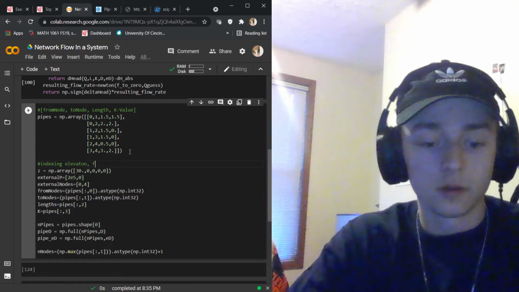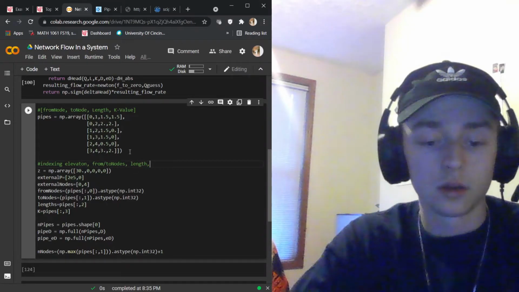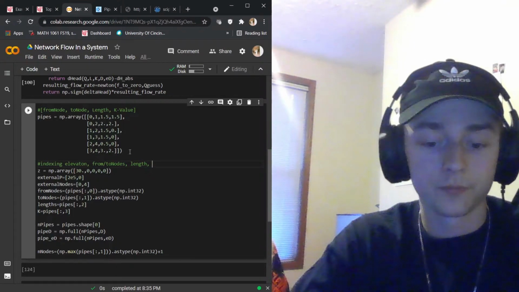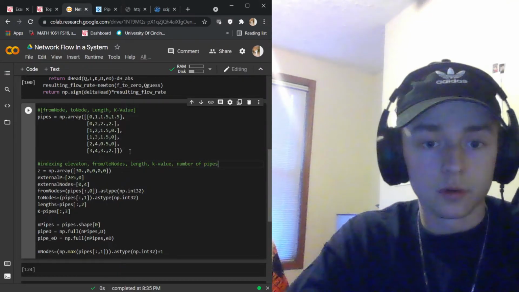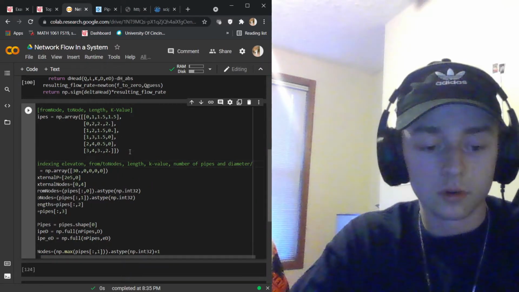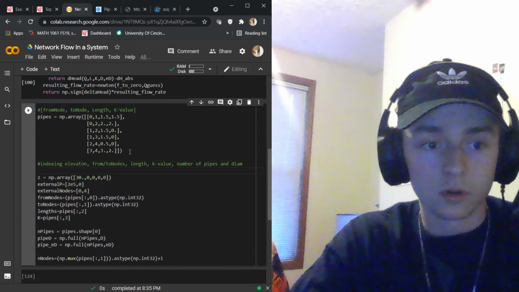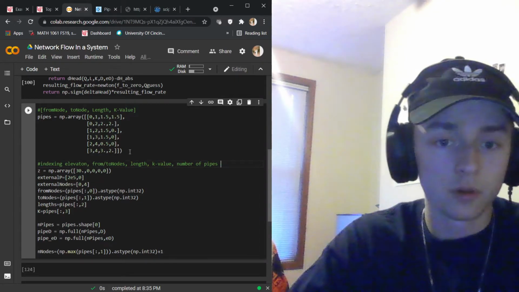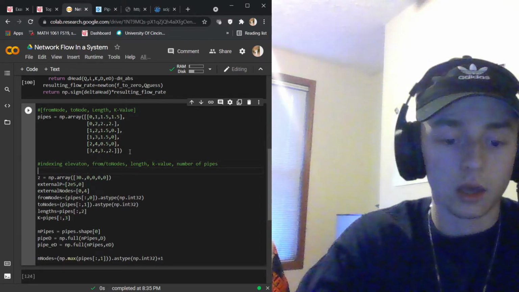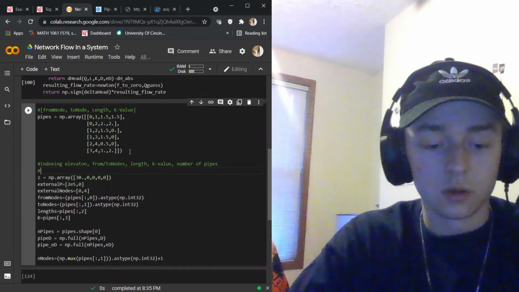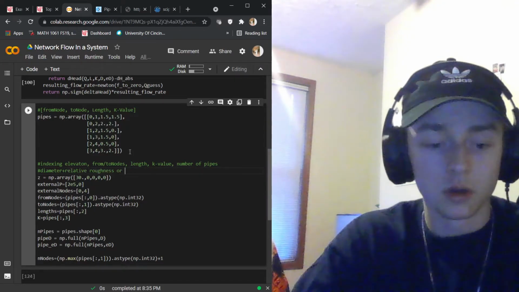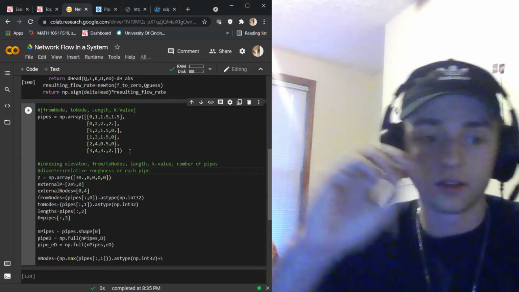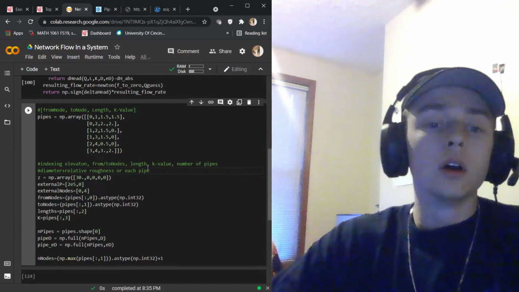Elevation from 2 nodes, length, K value, number of pipes, and the diameter and relative roughness of each pipe. We're making sure that the environment knows how we want it to act.